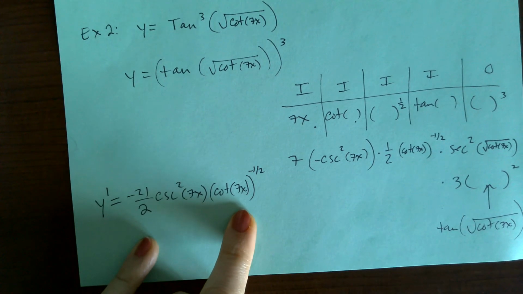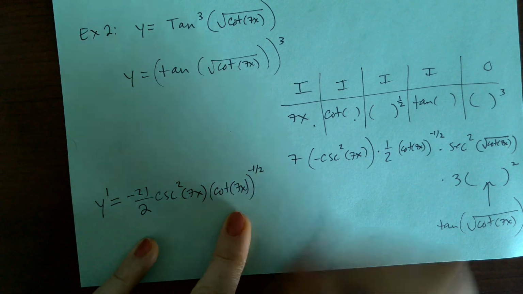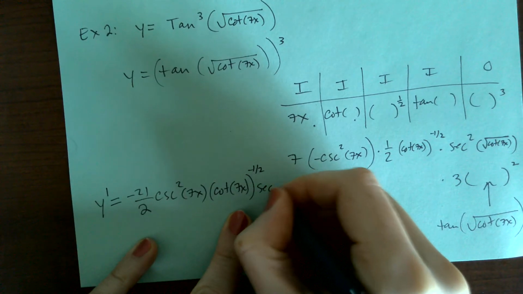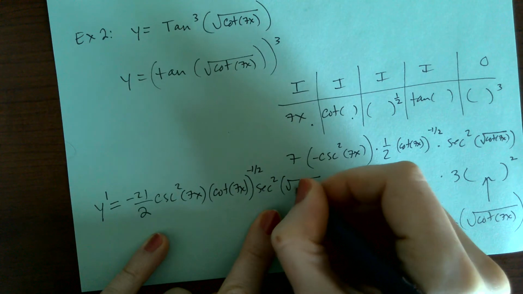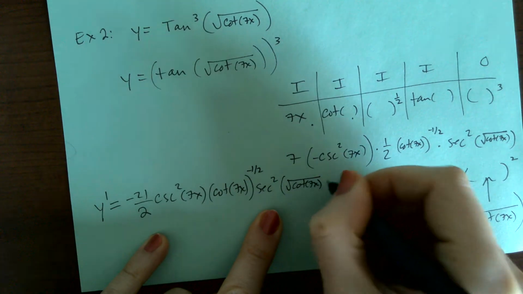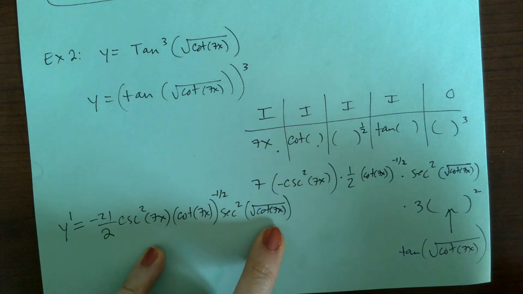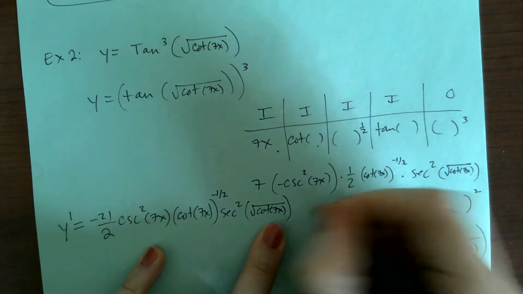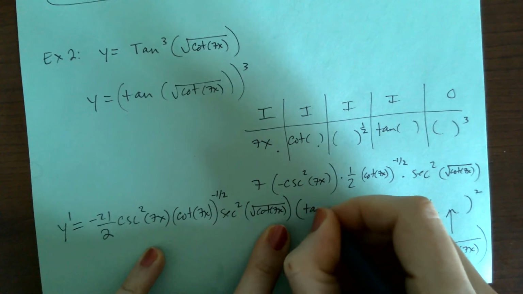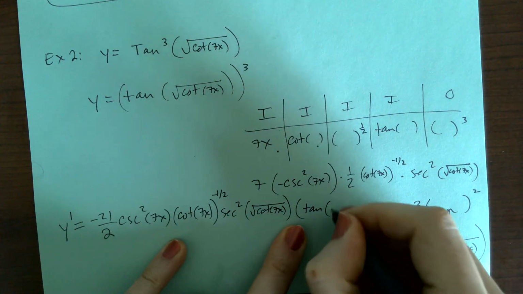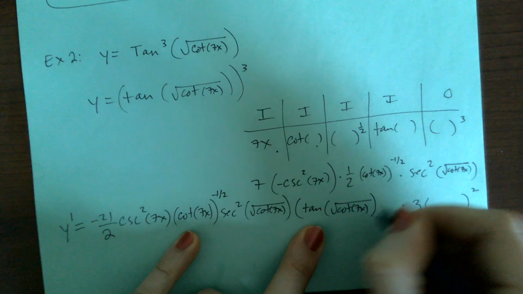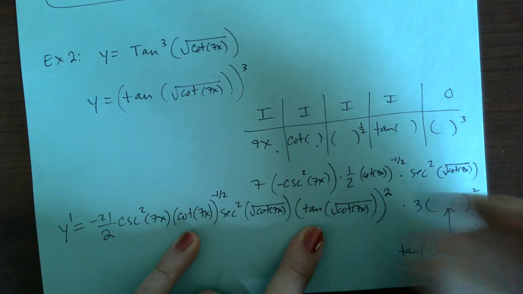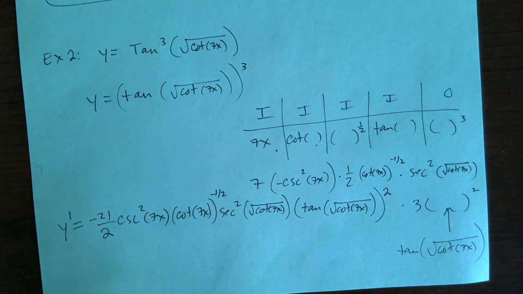I just don't like how this is looking. And then secant squared radical cotangent of 7x. And then tangent of radical cotangent of 7x, all to the second. Holy cow, wow.